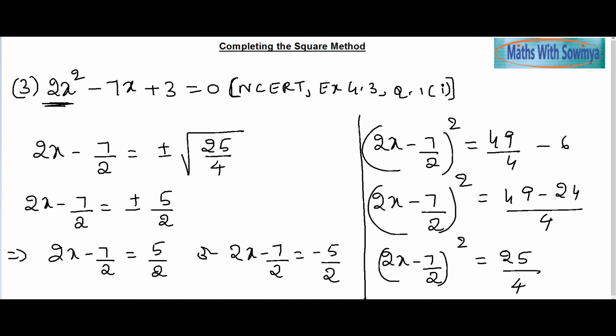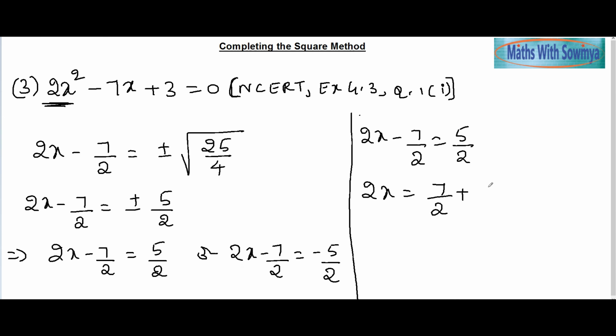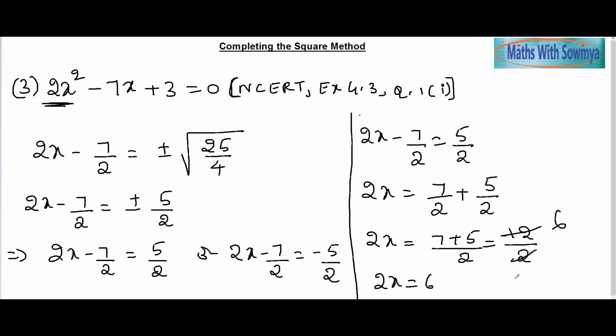So solving in both the cases, we will reach our answer. Picking the first one, 2x minus 7 by 2 is equal to 5 by 2. 2x is equal to 7 by 2 plus 5 by 2. 2x is 7 plus 5 by 2, which is 12 by 2, so 6. So 2x is equal to 6 implies x is 6 by 2, which is 3.